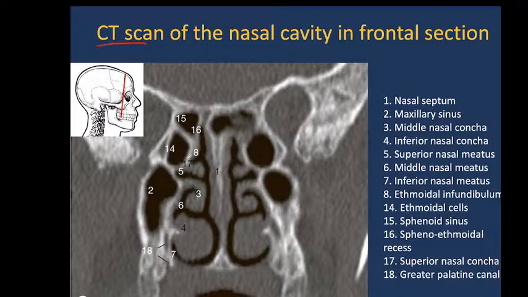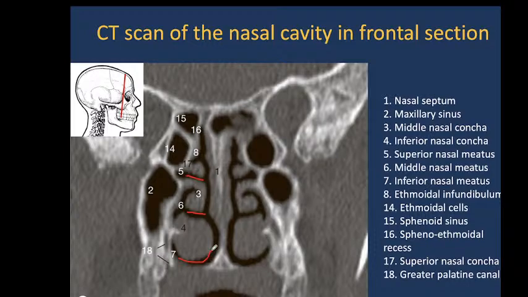And what do you see here? This is the nasal septum. Then we see three nasal conchae: inferior, middle, and superior. Between conchae, we see the dark or black fissure, because that is a negative image.